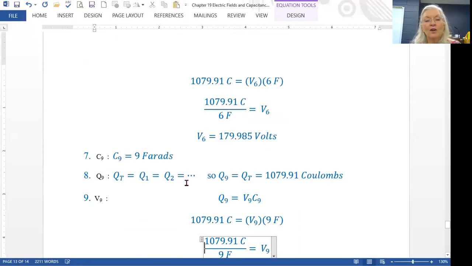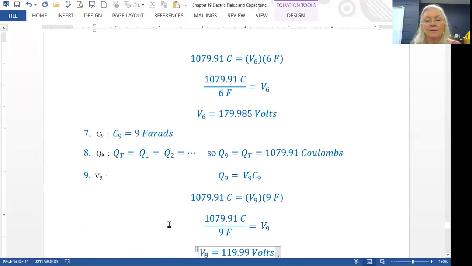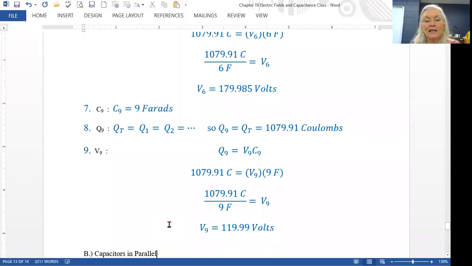We know its charge is the same as the charge of the 6 farad capacitor and the total charge, so 1079.91 coulombs. And we can use Q equals VC to find the voltage drop across this capacitor. And we end up with 119.99 volts.